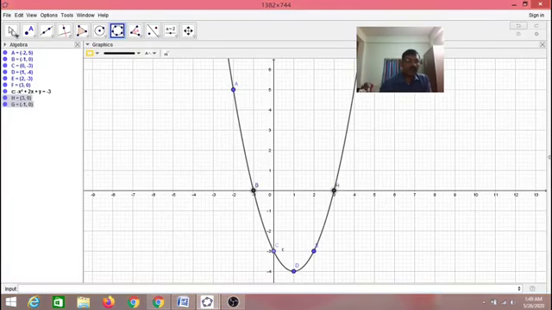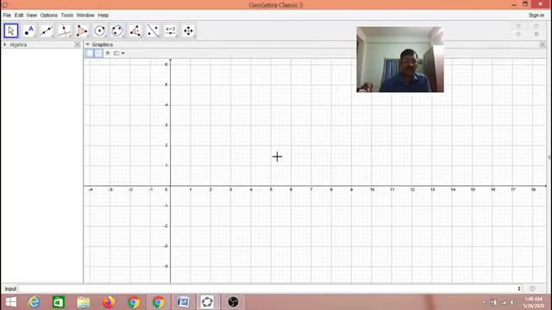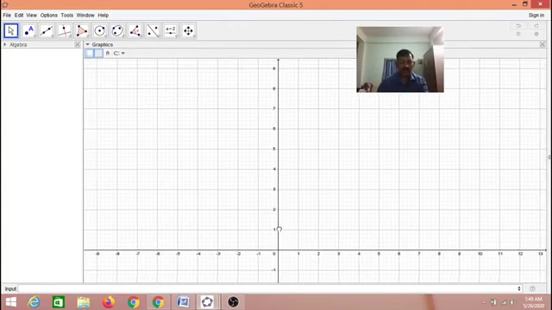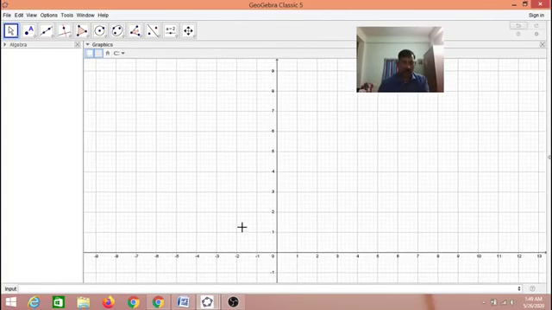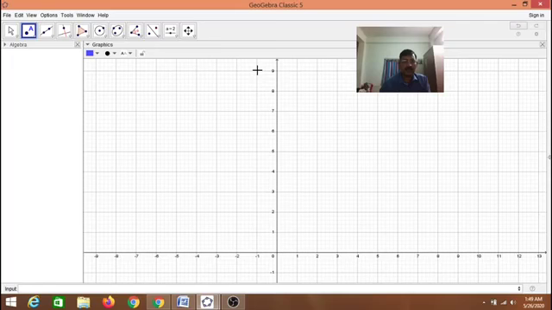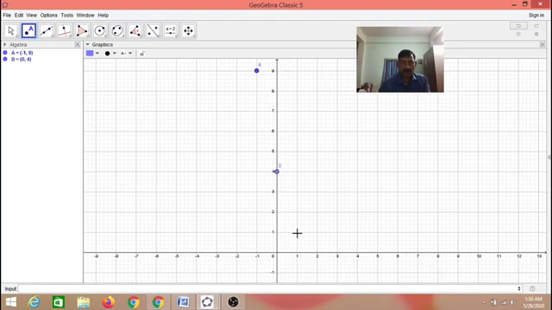Now actually we can use the same graph sheet or we can use a new one, right? Suppose here in this case I'm taking a new one so that there is no interruption. Now for this graph sheet we can focus mainly here: minus 1 comma 9 is the point, then 0 comma 4, then 1 comma 1, then 2 comma 0, then again 3 comma 1.